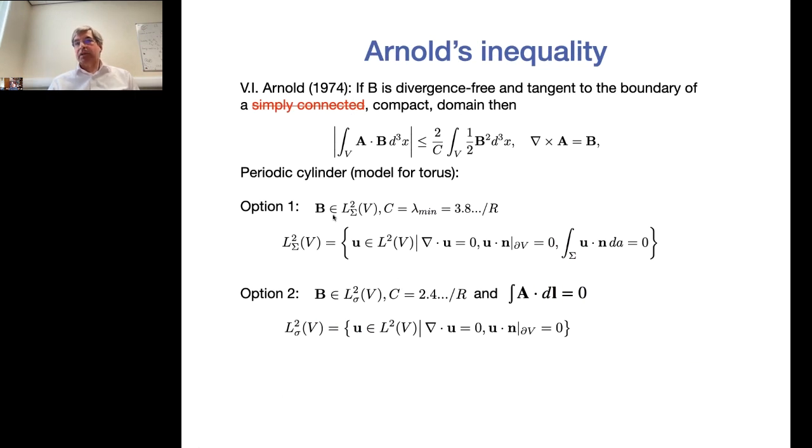Either the integral of the magnetic field over the cross-section vanishes, then the minimum eigenvalue is 3.8 something, the first zero of the first order Bessel function, or the second option, our integral of A dl is 0 on the boundary, and then B only needs to be in L2 lowercase sigma, that is, it only needs to be divergence free and tangent to the boundary, and we get a lower lambda min for that.